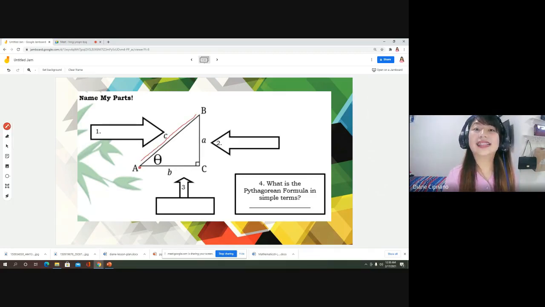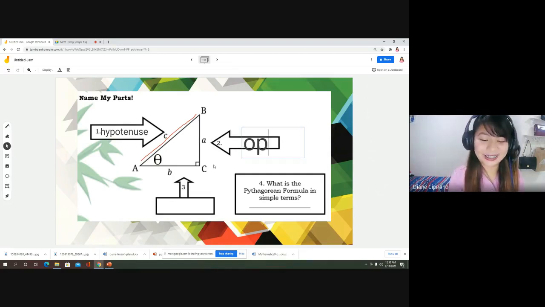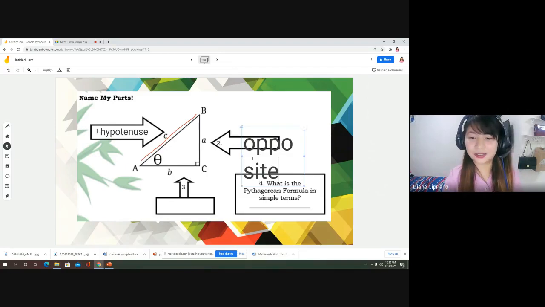Yes, it is called the hypotenuse. Very good. And the hypotenuse is the longest side of a right triangle. Next, how about this one? Very good. It is the opposite side of this right triangle.